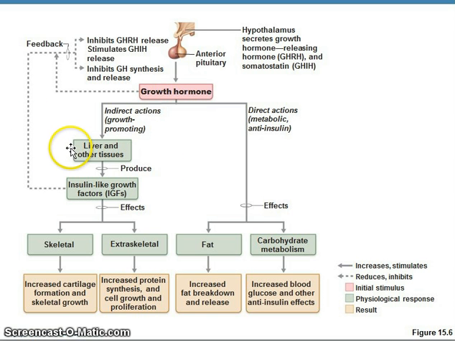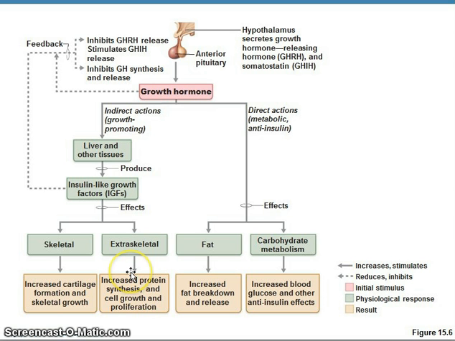In the liver, growth hormone is going to cause the production of insulin-like growth factors. When these circulate and they hit skeleton and extraskeletal tissues, mostly think of muscle, they are going to cause growth of the skeleton and the cartilage, as well as growth of muscles in both sort of length and width.